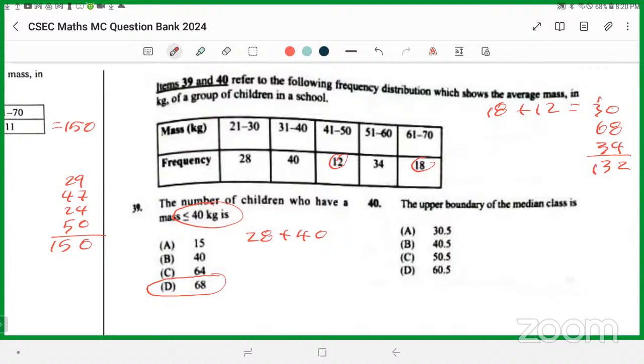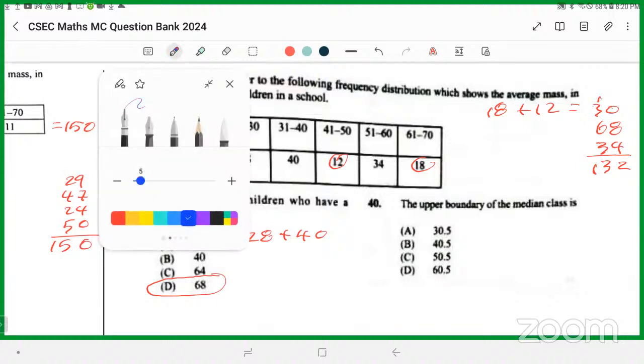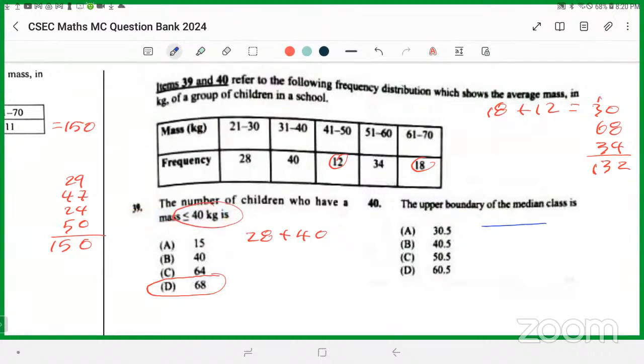So if you have 132, you're going to divide it half and half again to see where the median class is. So 132 divided by 2 is how much? 66, right? 66 and 66. 2 times 66: 2 times 60 is 120, and 2 times 6 is 12.